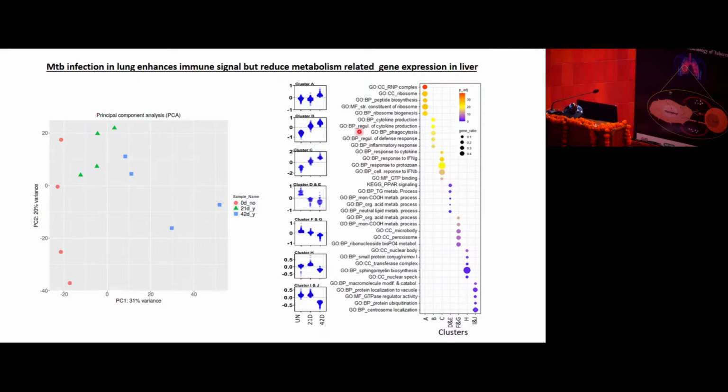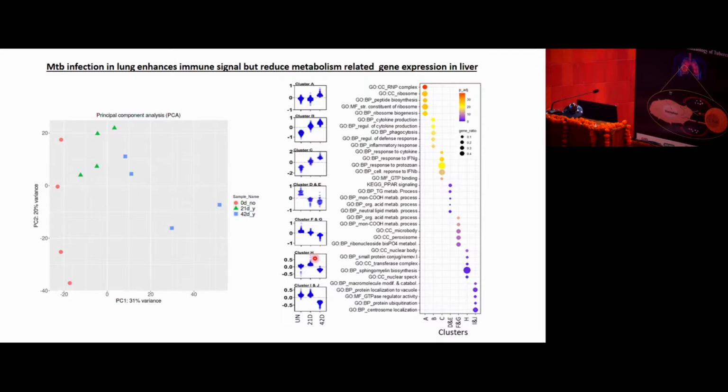As the infection progresses, cytokine production or regulation of cytokine production, phagocytosis, all these immunological pathways get enhanced. Same with response to interferon gamma, response to interferon beta, GDP binding, they all get enhanced.